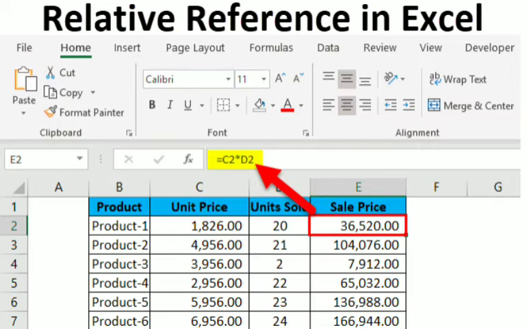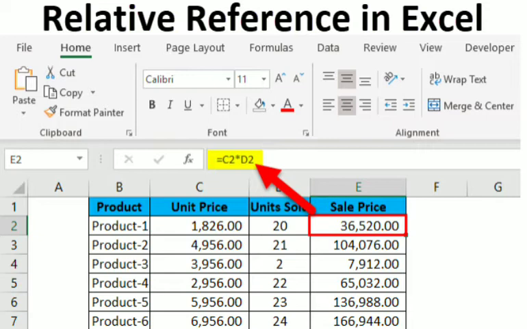So to find the sale price of each product, we need to use the formula several times. The formulas are different: for product 2, the formula is C3 multiplied by D3, and for product 3, we multiply C4 by D4. That will be the formula for each product.